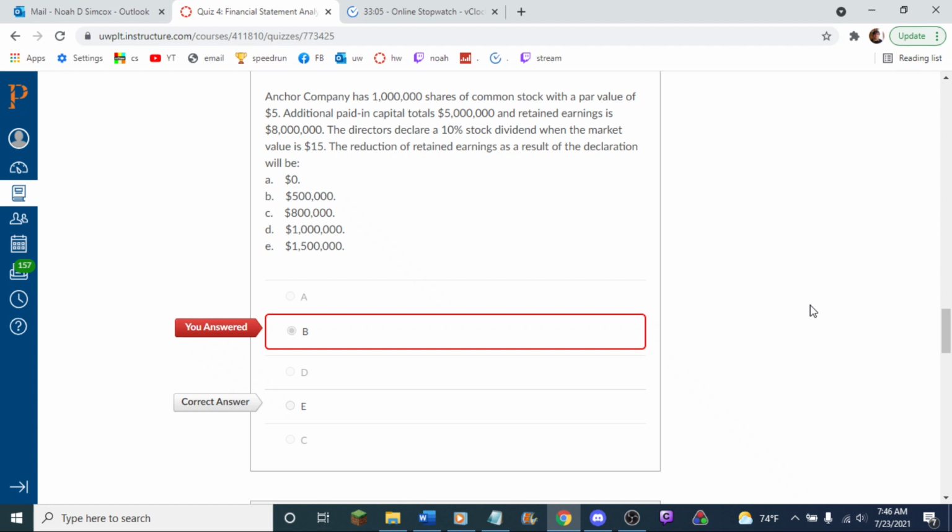Where is it? Where the heck is it? I remember it was on the left side of the page. I can't find stock dividend. Come on.